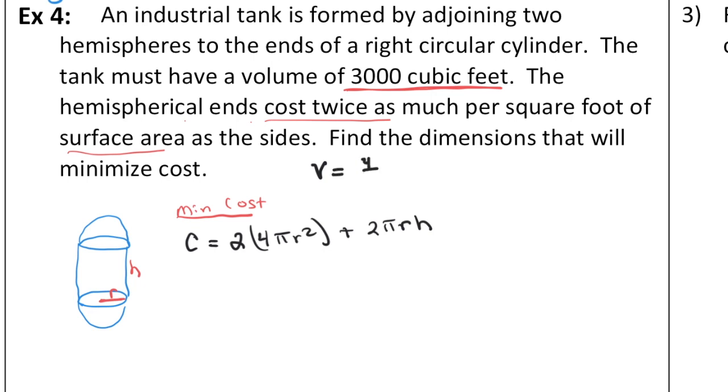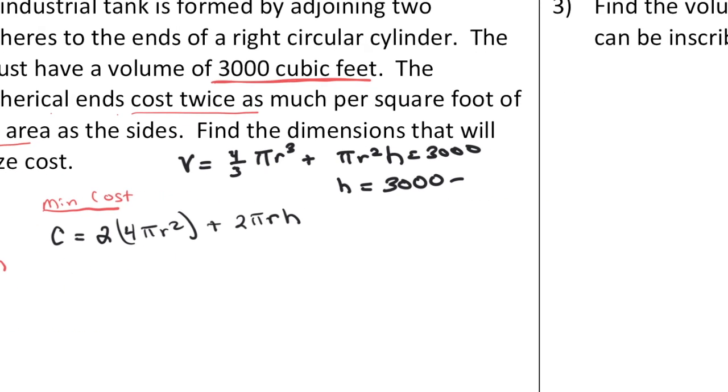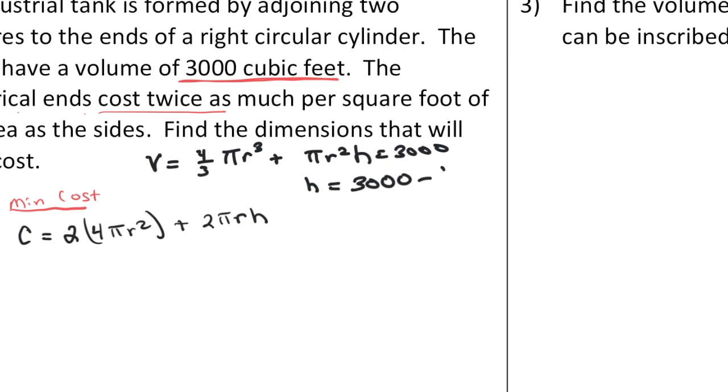All right, now we're going to write that volume equation. The volume is going to be equal to your 4/3 pi r cubed plus we have our pi r squared multiplied by h. There's no 2, just pi r squared h. Solving for your height, after we set it equal to 3,000, you get your 3,000 minus your 4/3 pi r cubed, all divided by pi r squared.